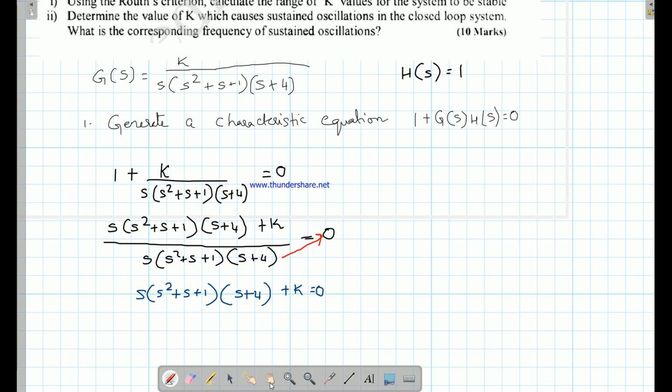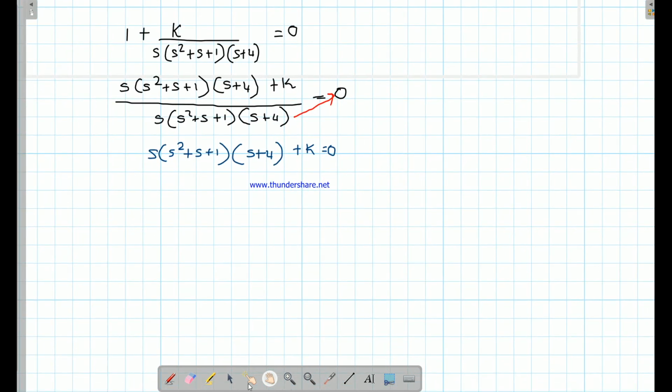Now our job is to write the proper equation here. So let us do that. I will multiply these two terms first. So it is s square into s is s cube, plus s square, plus s, plus 4 s square plus 4s plus 4, plus K equals 0.